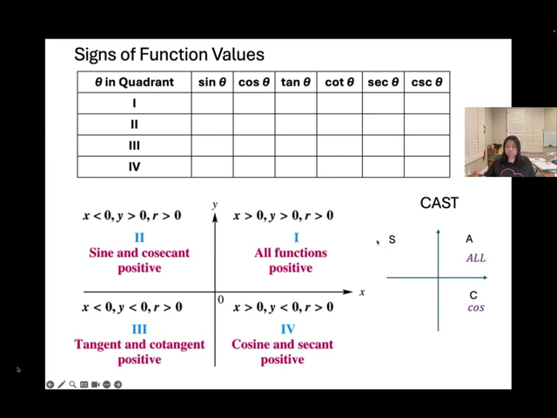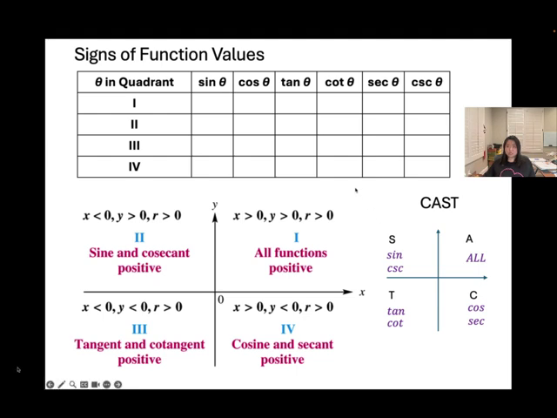S represents sine. Sine theta will be positive in this quadrant. And the last one, T. T represents tangent, which is positive in this quadrant. So CAST: cosine positive here, all positive in quadrant 1, sine positive in quadrant 2, and tangent positive in quadrant 3.